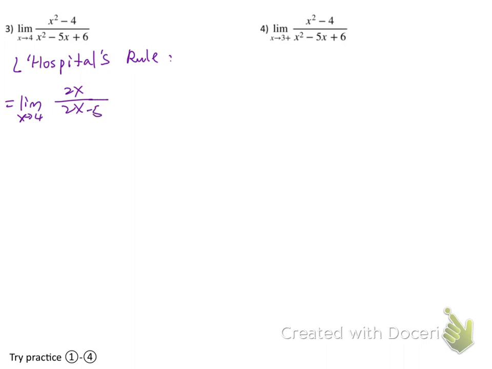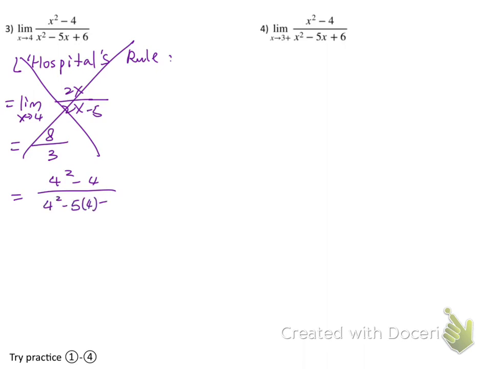Actually, it depends on whether you plug in or not. If you don't plug in, it will go back to 2 over 2. If you plug in now, it will be 8 over 8 minus 5, 3. But of course, that's wrong, because the real answer is you just directly plug in the 4.